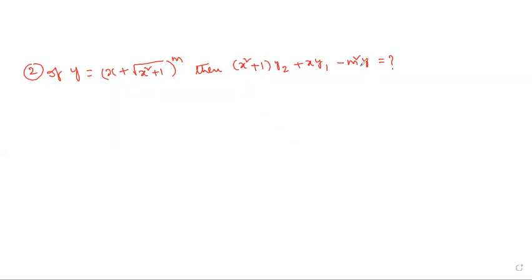Generally y2, y1, y is compulsory equal to 0 only, but we can see.